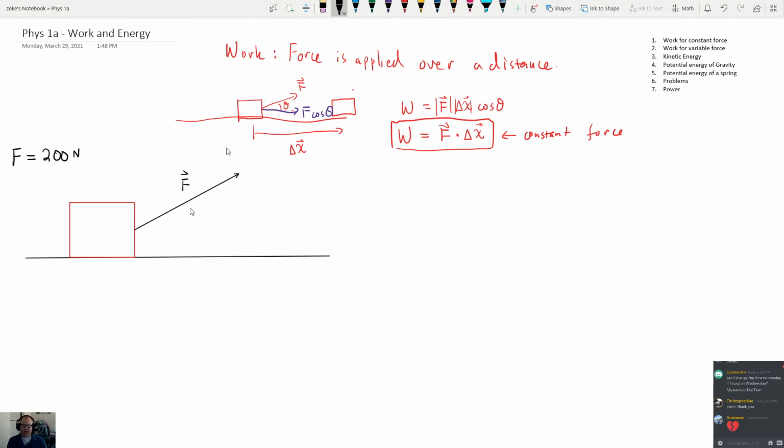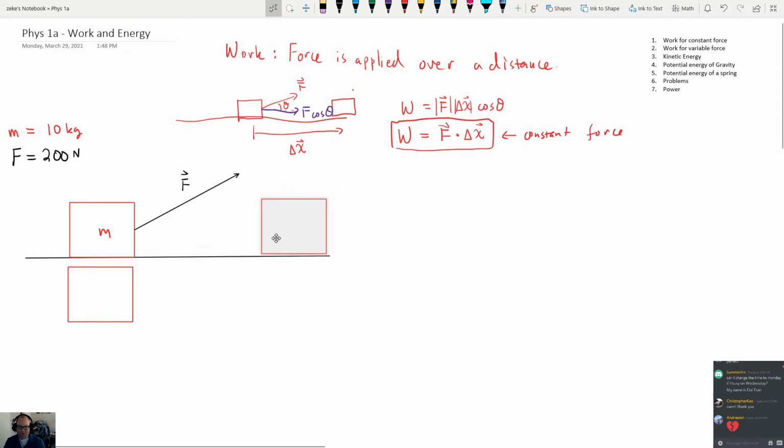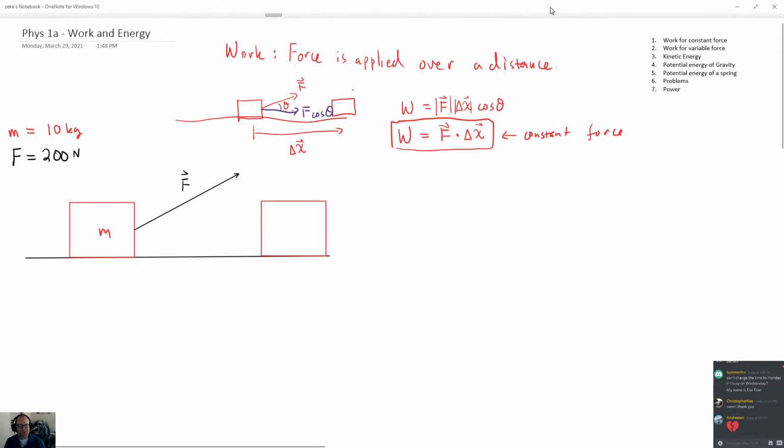And then this object is going to have a mass as well. So let's say that the mass of this object, m, is equal to 10 kilograms. And let's say that we apply this force on our object until it moves through a distance of, let's say, 5 meters. So let's say it moves from here to here. So it moves over a distance, which we'll also use a vector for.